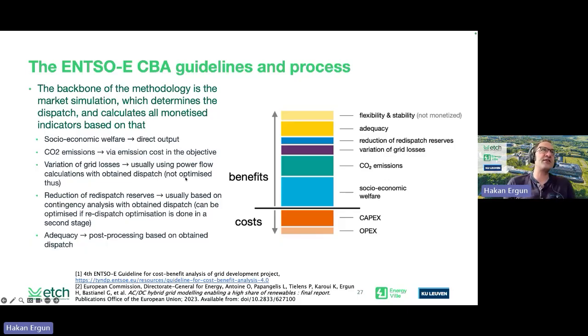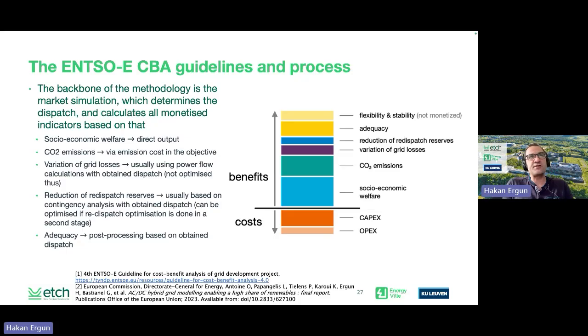And this is typically done, again, using a market model where then the socio-economic welfare is determined. The CO2 emissions can also be directly monetized via the emission cost in the objective, because the emissions will be directly linked to the output of thermal generation or fossil fuel thermal generation.